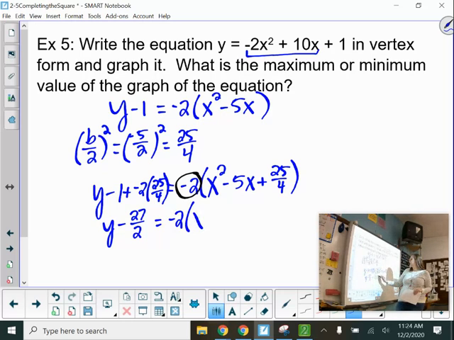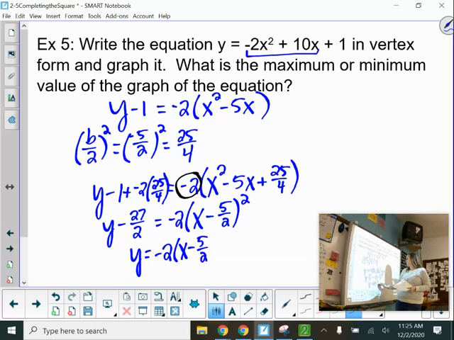And then this is going to factor into x minus 5/2, quantity squared. And then the only thing left to do then is take your term here that's after the y and you put it back on the other side. This is actually your k value here.